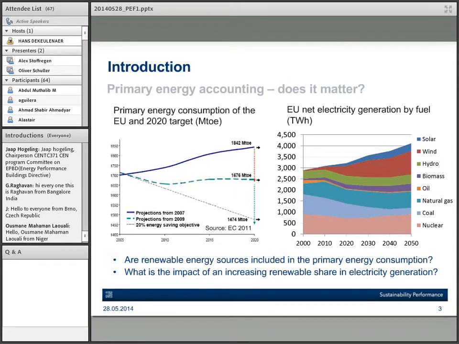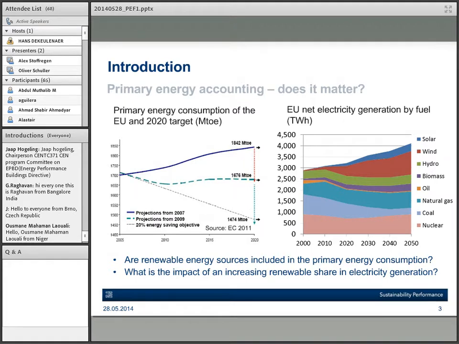And of course you have to ask yourself what actually happens if we have more renewable energy sources to produce electricity. So is primary energy from renewable sources included in these numbers? And if yes, what happens if the share goes up, as we can see in the figure on the right side, that at least according to projections, we'll have a lot more electricity from renewable sources like wind power or solar power, or also biomass.